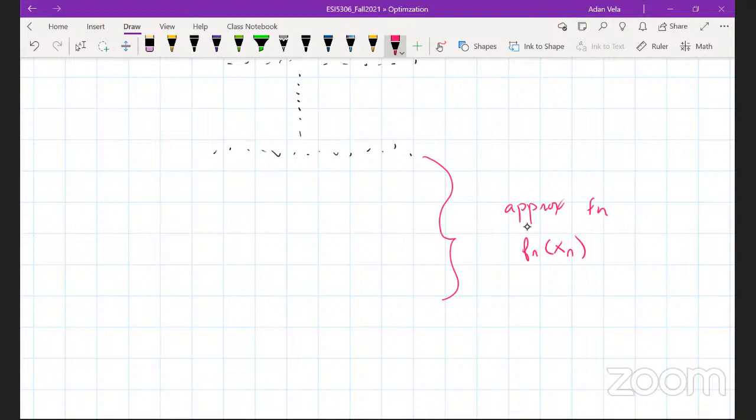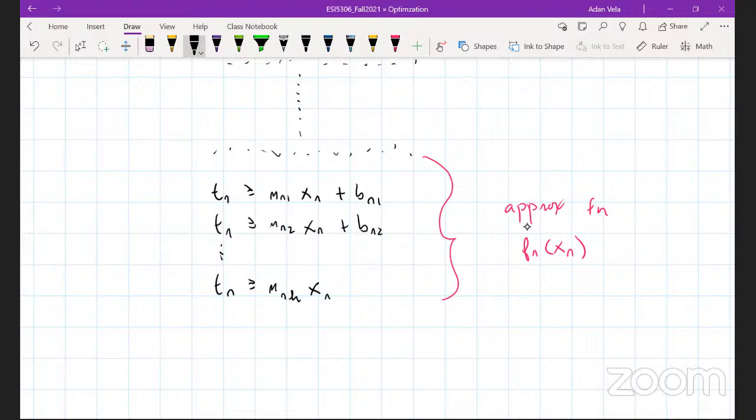Here we have an approximation for the function fn in terms of xn. And there we go.